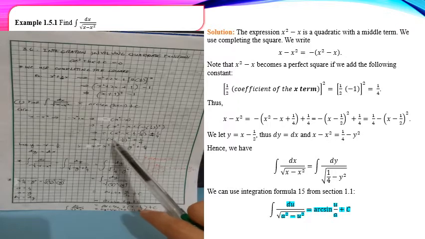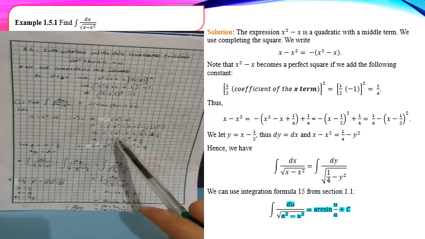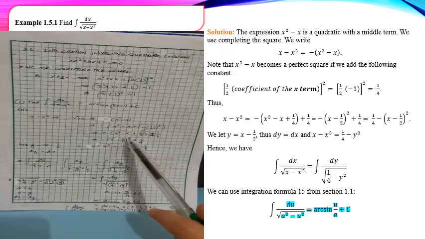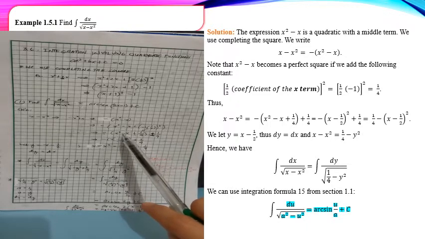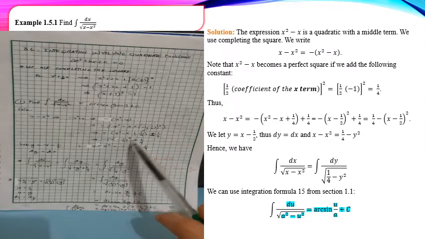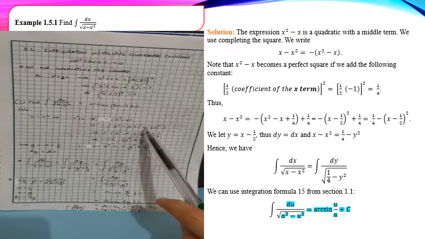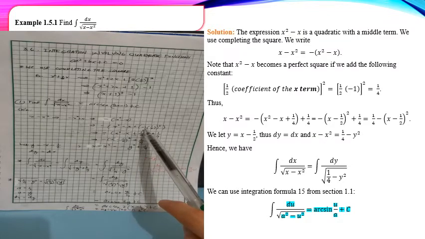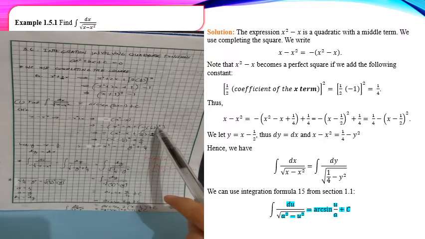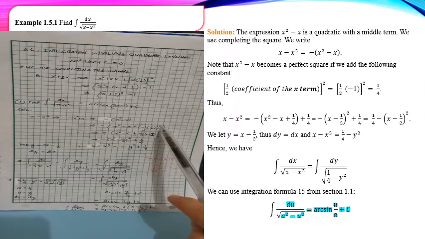So, we have x. X lang ha. Do not forget. X lang, hindi ninyo lalagyan ng 2 kasi si 2 ilalagay natin sa labas. Minus kasi minus yan. Kung plus yan, plus yung ilalagay dito. Si 1/2, yan yung result ng pag times natin ng 1/2 kay middle term, numerical coefficient ng middle term, na hindi pa squared.